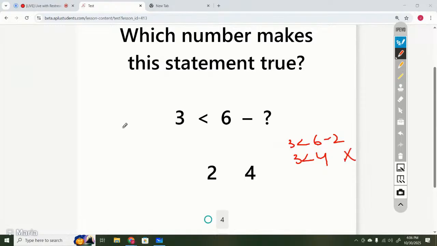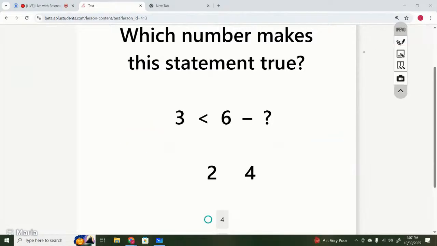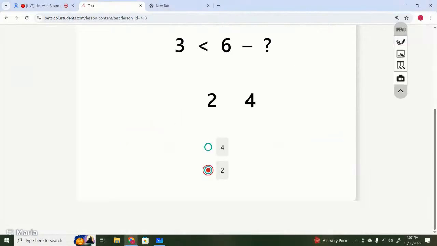False it is. 3 is not less than 4. 3 is less than 6 minus 4. 3 is less than 2. Yes, it is. So the correct option is 2. Option number 2 is the correct option.